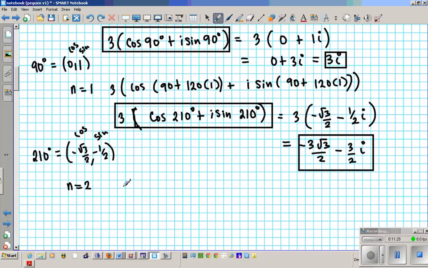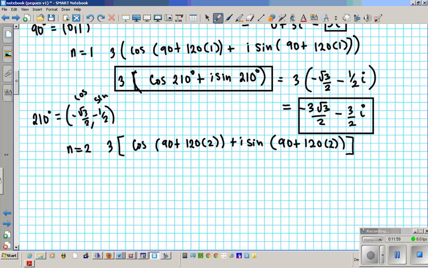Alright, let's do n equals 2. So for n equals 2, you're going to have 3 bracket cosine 90 plus 120 times 2 this time. Close that, plus i sine 90 plus, same story, 120 times 2. Okay? Alright, let's work it out. 120 times 2 is 240.